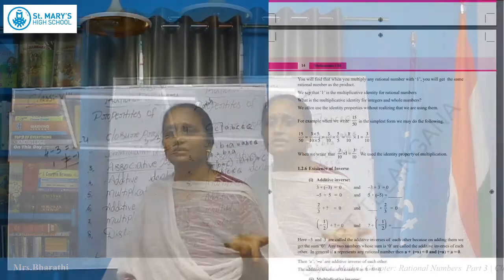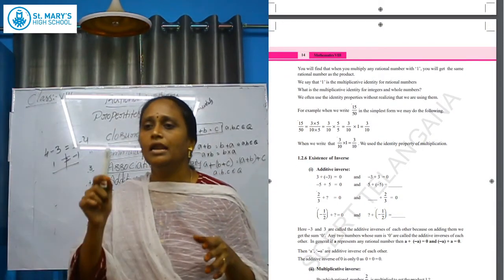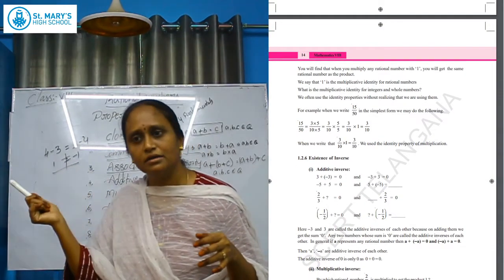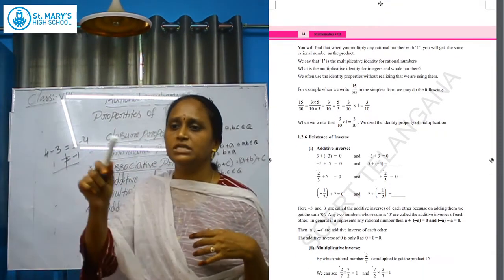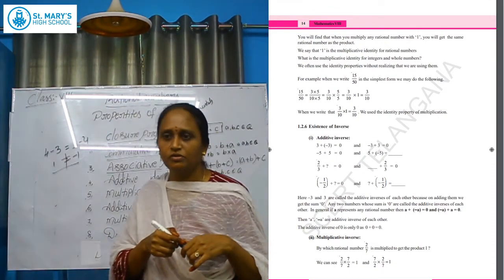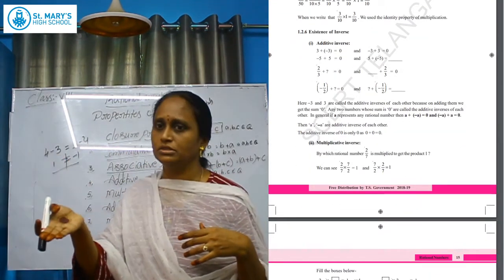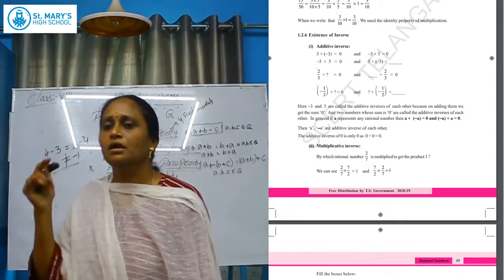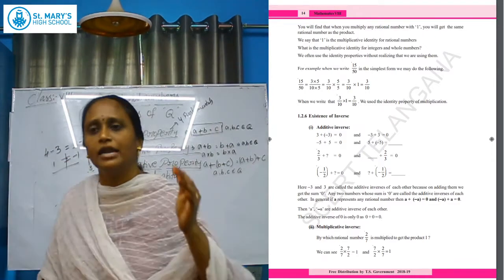And one more name we have for additive identity: the element of additive identity. This is a new name in your textbook. So check page number 15, where we have observed the role of 0, that is additive identity and the role of 0. In previous classes we discussed just additive identity.